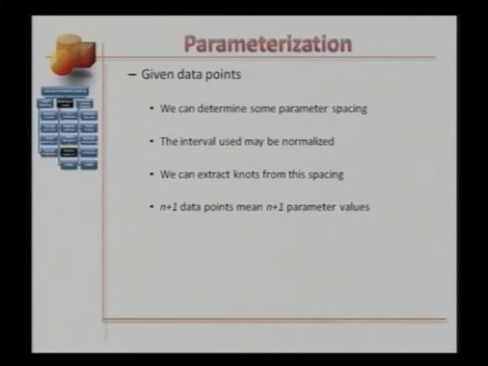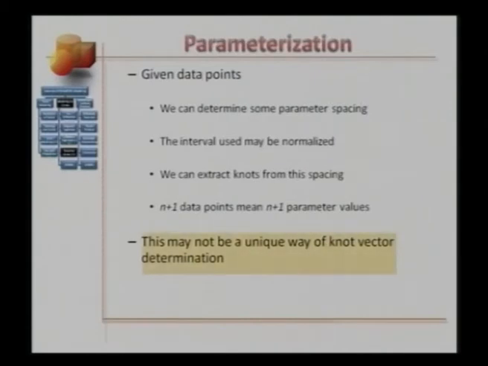If we specify n plus 1 data points, this would imply that we might be able to extract n plus 1 parameter values. Of course, this may not be a unique way to determine a knot vector. There could be many other ways of doing that.